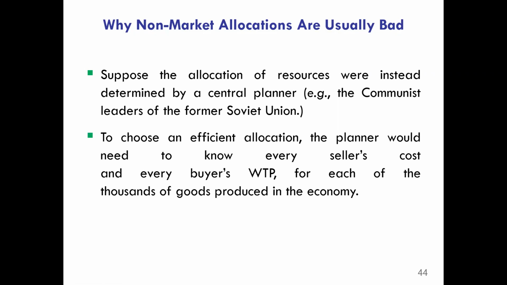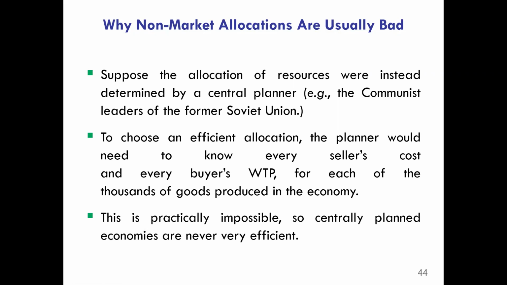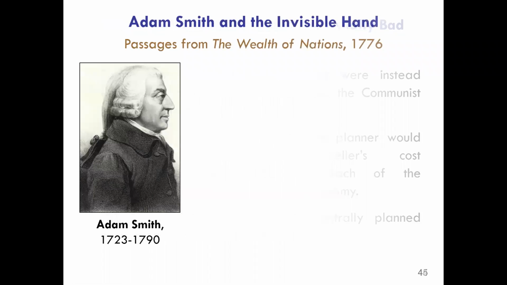To choose an efficient allocation, the planner would need to know every seller's cost and every buyer's willingness to pay for each of the thousands of goods produced in the economy. This is practically impossible, and so centrally planned economies are never efficient.